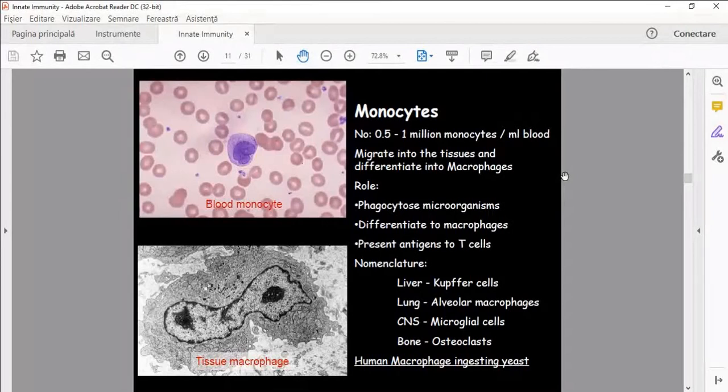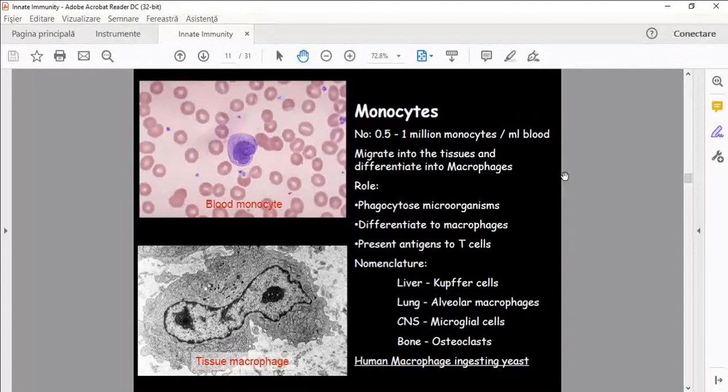Those receptors are able to recognize carbohydrates, mannose or fructose terminal residues, through mannose receptors. Also, there is a type of C-type lectin-like receptor, called dectins, which are able to recognize a specific structure belonging to fungi, which are glycans.